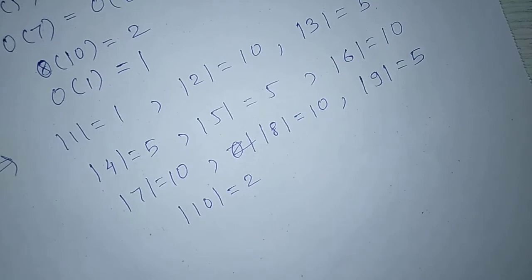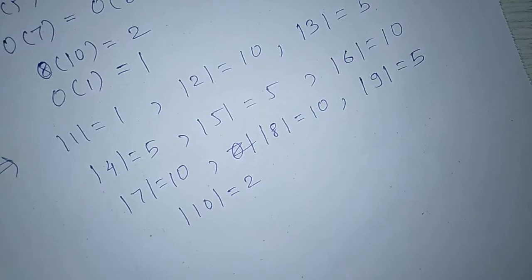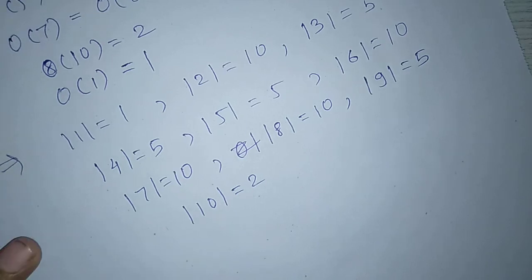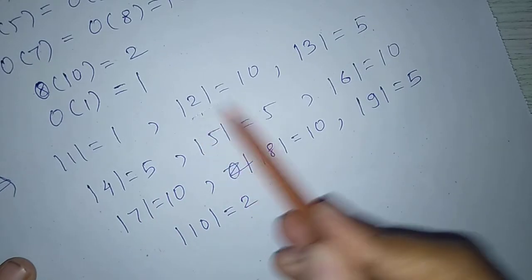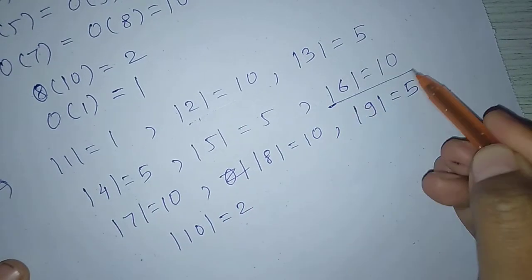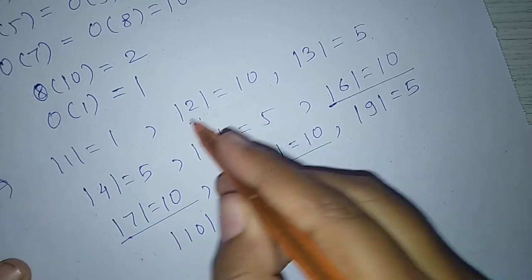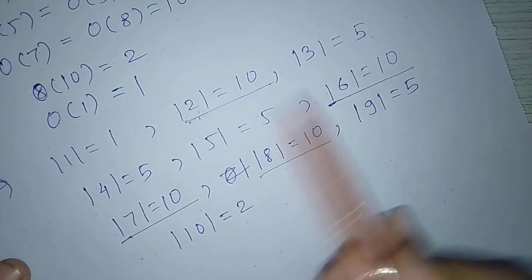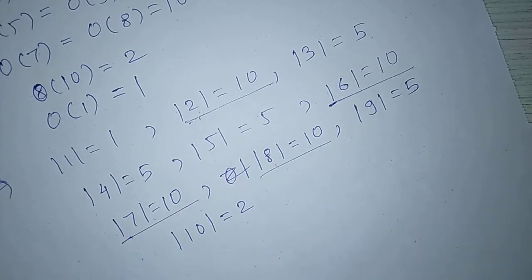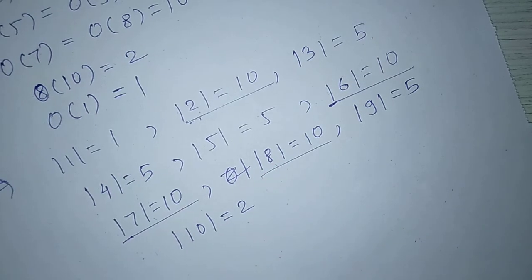Now to find generators, if the elements have order 10, meaning the number of elements in that set, these are nothing but the generators of that group. Here order of 2 equal to 10, order of 6 equal to 10, order of 7 equal to 10, order of 8 equal to 10, means 2, 6, 7, 8 are nothing but the generators of U of 11.